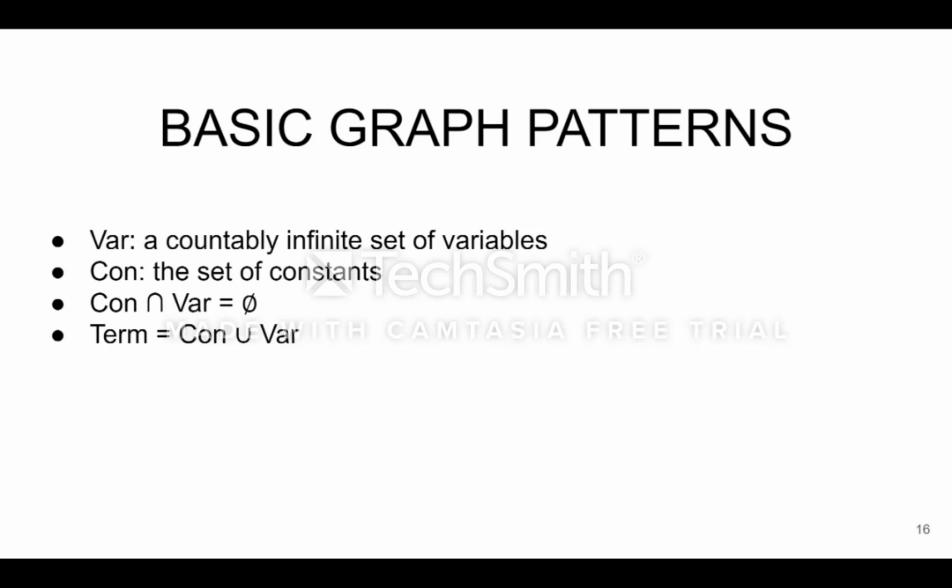Con is the set of constants. The intersection of the sets Var and Con is the empty set, and Terms is the set that is the result of the union of the Con set and the Var set.